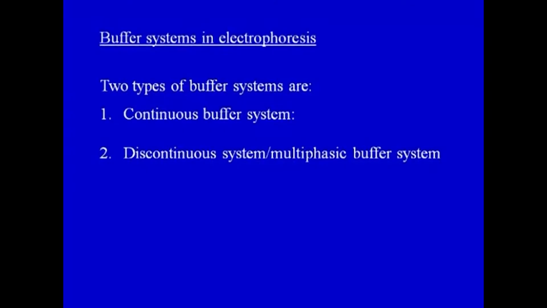Now, in electrophoresis there are two types of buffer systems. One is called continuous buffer system and another is discontinuous buffer system. It can also be called as multiphasic buffer system. So, continuous buffer system is a single buffer system, where you are utilizing a single buffer, whereas in discontinuous system you will have more than one kind of buffer, maybe two buffers or three buffers.